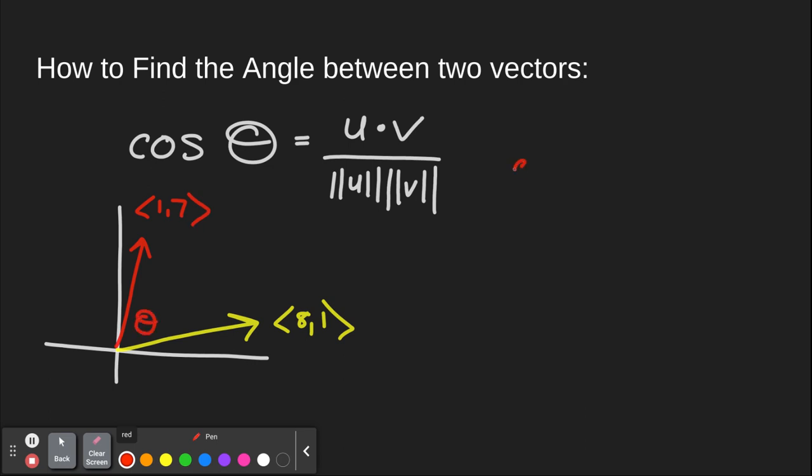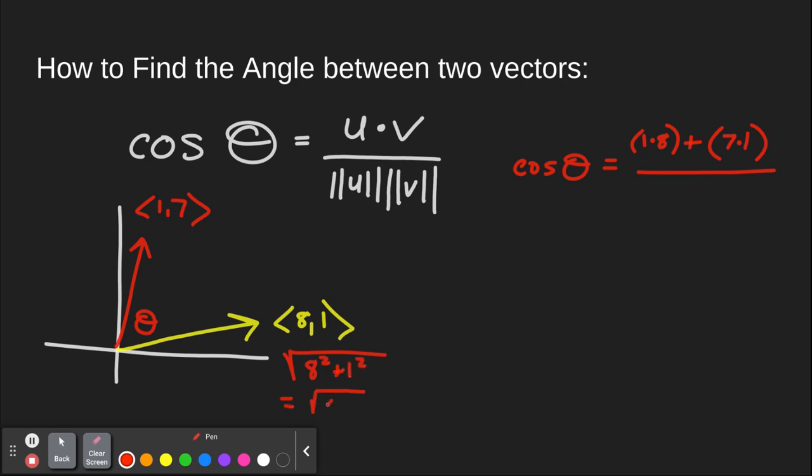Okay, well, cosine of the angle is u dot v. So 1 times 8 plus 7 times 1 over the magnitude of u. Well, the magnitude of this is the square root of 8 squared plus 1 squared.